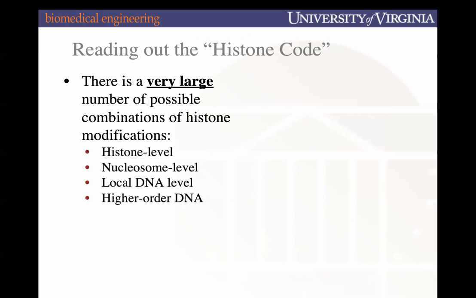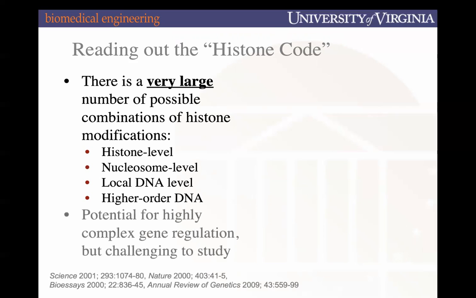The combinatorial possibilities of this are quite large. And so it becomes really challenging and hard to study, but it's very much an active area of research. As new tools emerge, it's becoming a pretty exciting field of study.